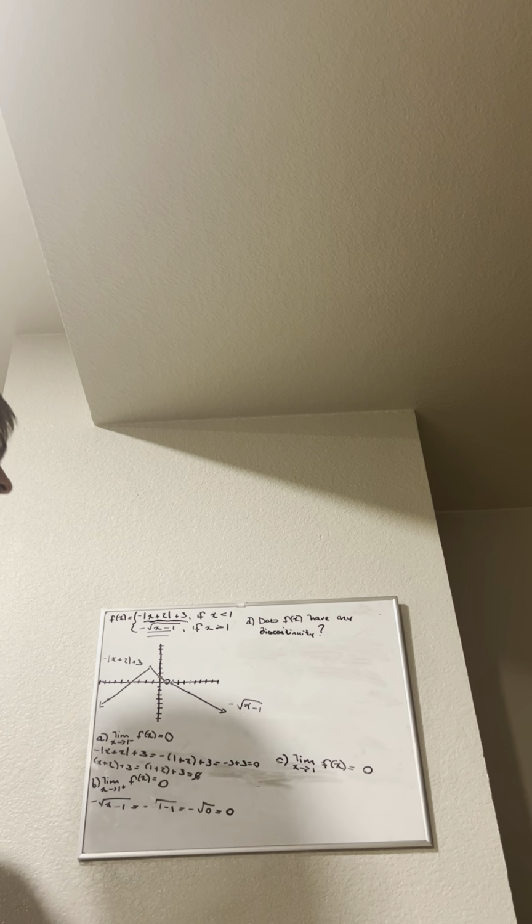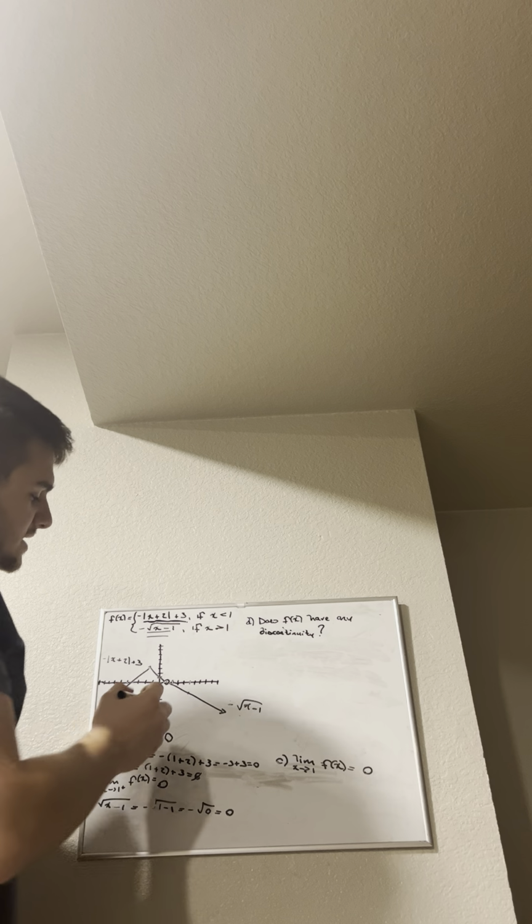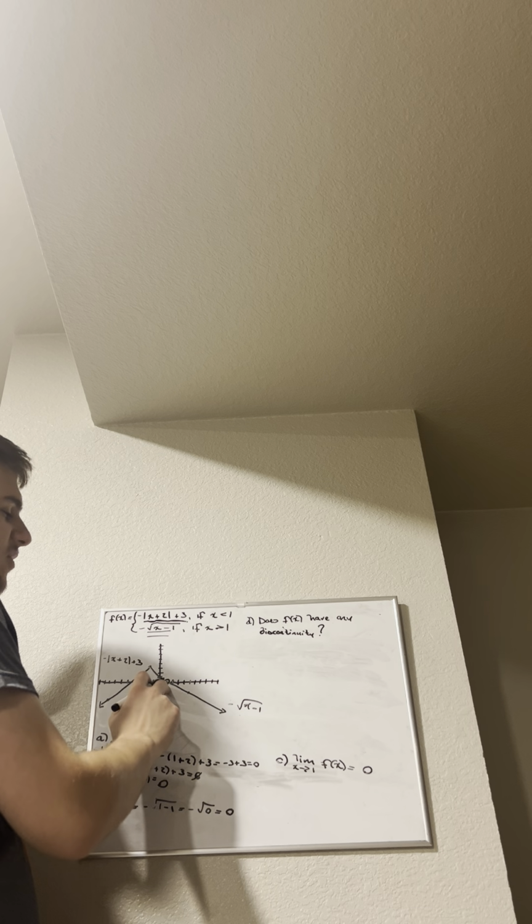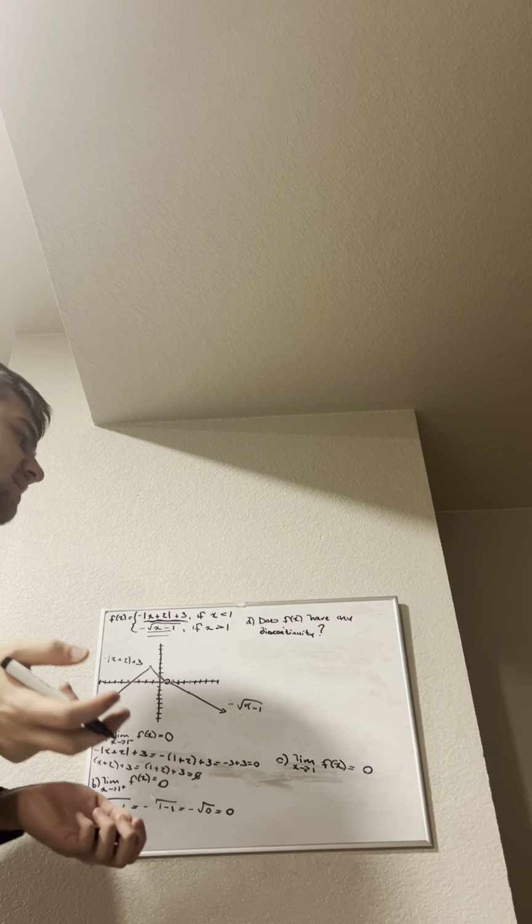And then lastly, for part D, we have, does f of x have any discontinuity? So yes, f of x does have a discontinuity right here, at x equals 1, because there's a removable hole due to the fact that x is not defined at 1.